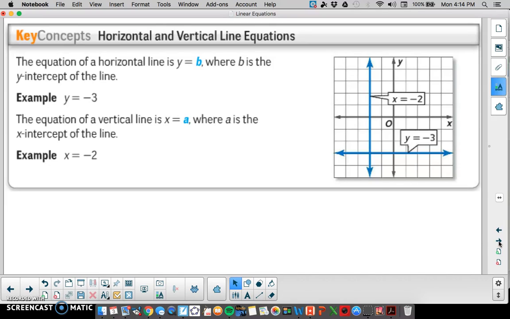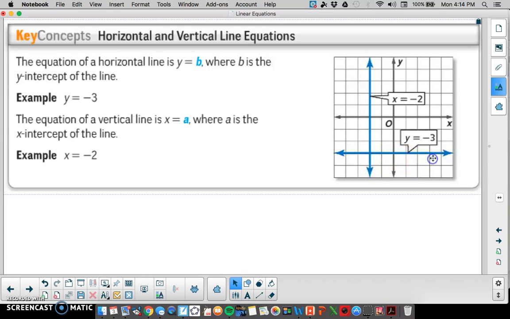So when we look at horizontal and vertical line equations, they're only going to have one variable in them because their slope is either going to be undefined or 0. In the case of the horizontal line, b is our y-intercept. So our horizontal line, we have a y-intercept of (0, -3).